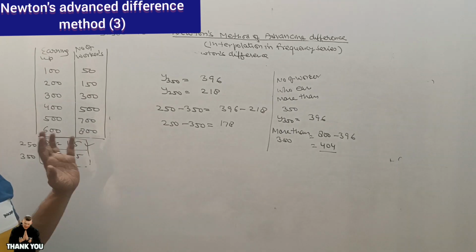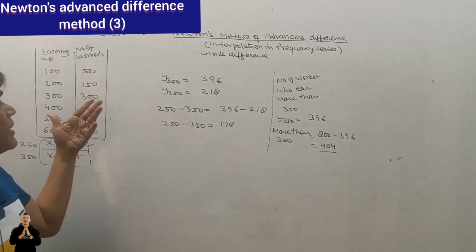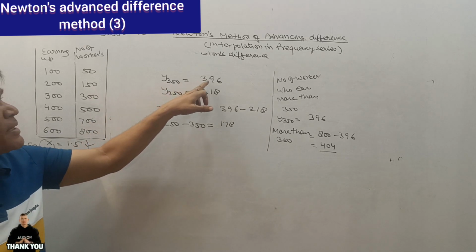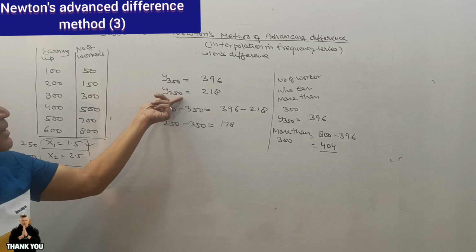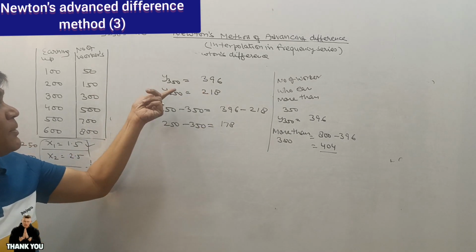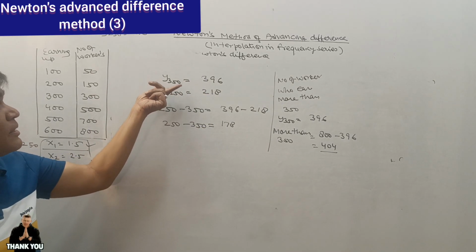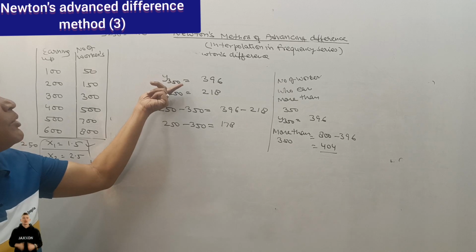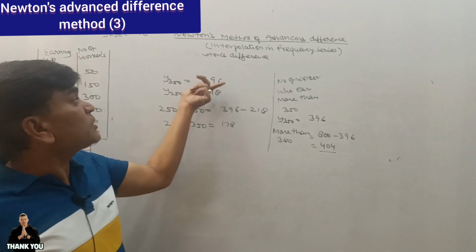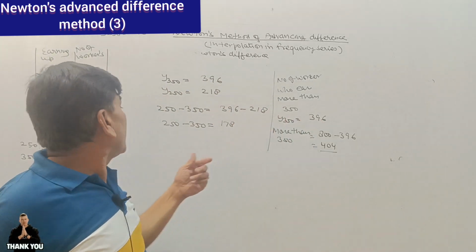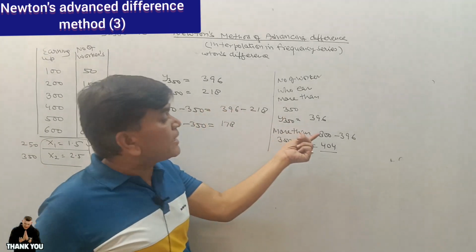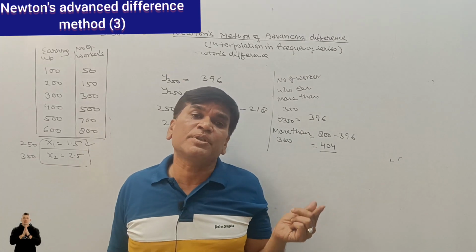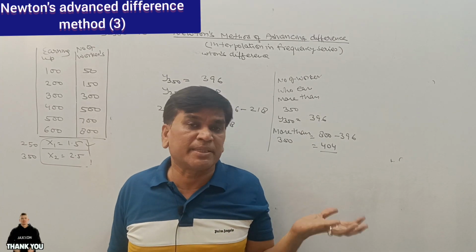If they want less than 350, then also no problem. Less than 350 is 396 because earning up to. Less than 250 is 218. If they ask how many workers are getting more than 350, so up to 350 there are 396 and the maximum is 800. So the remaining 800 minus 396, the 404 workers are getting a salary more than 350.